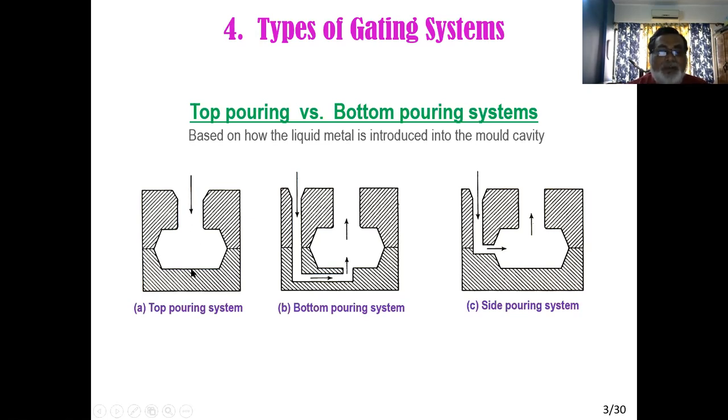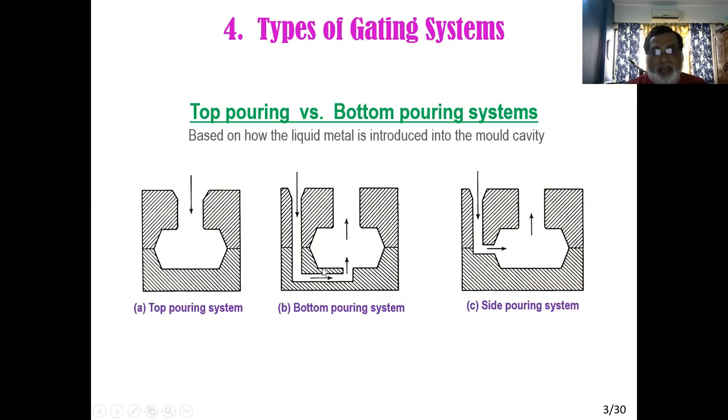So there will be a lot of splashing, a lot of turbulence and a lot of fragmentation of the liquid stream. As a result, if the liquid is aluminum, for example, that means those alloys which are readily oxidizing in nature, they tend to be damaged much in this type of system.